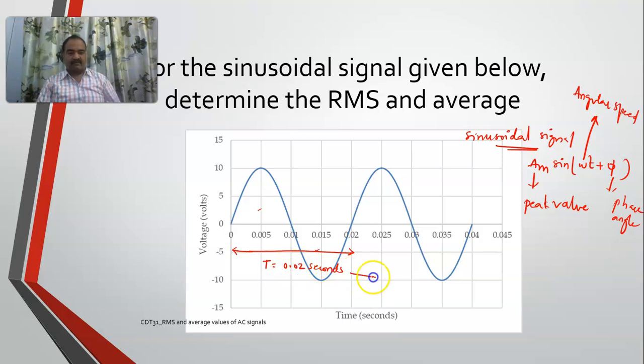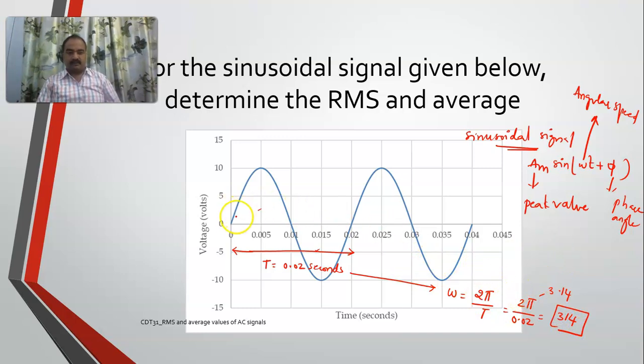So when you have the time period, you can write omega is equal to 2 pi by T, which is equal to 2 pi by 0.02, where pi value is 3.14. If you solve it, you will get 314 as the omega value.